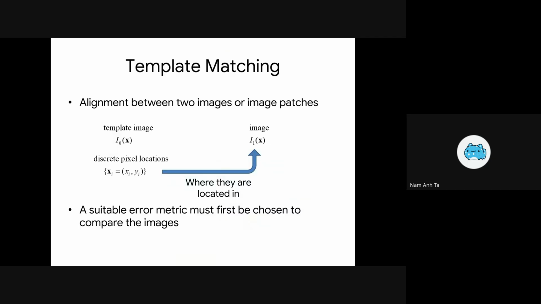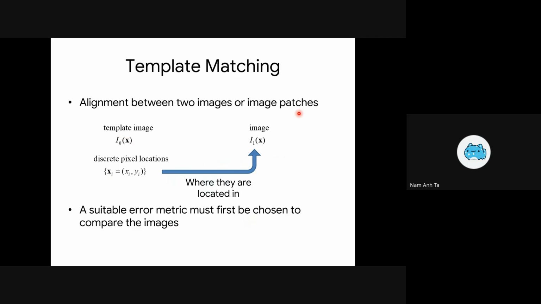So we will start with very simple math right here. Let me use a laser pointer. The goal of template matching is actually pretty simple. You need to find the exact alignment between the two frames. On the left we have the template image, which is the reference we are looking for.